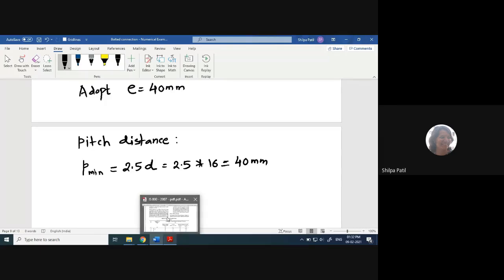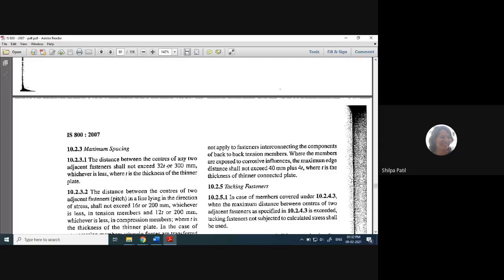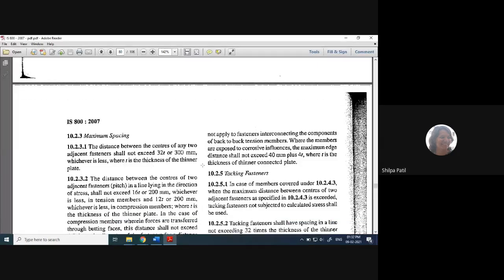And the maximum is given in the next clause, clause 10.2.3. The distance between the centers of any two adjacent fasteners shall not exceed 32 T or 300 mm, whichever is less. Now this is a general criteria.